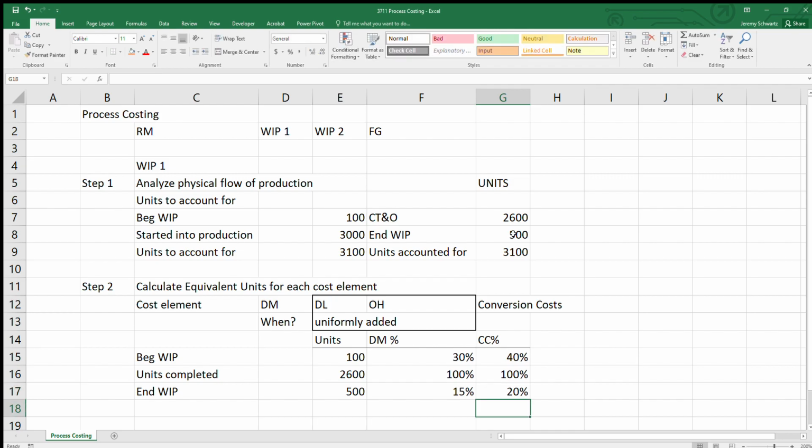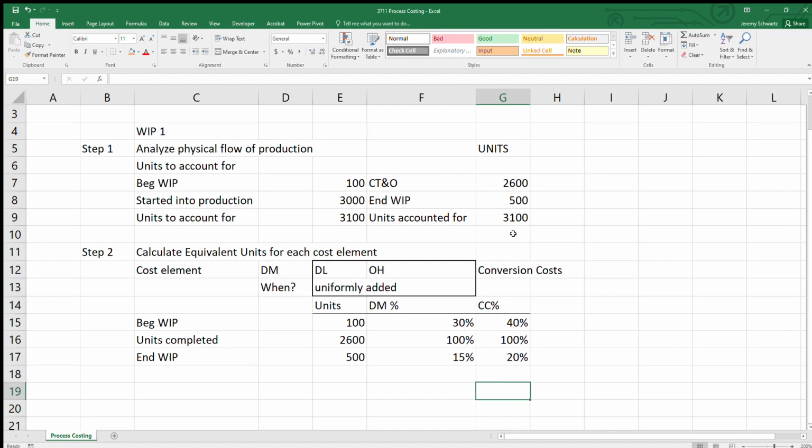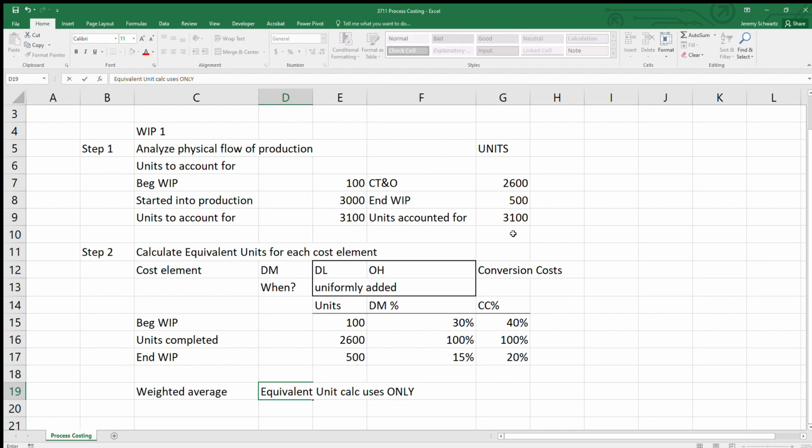So there's a couple different methods in terms of figuring out the equivalent units. The first method is what's known as the weighted average approach. What the weighted average approach does is that it aggregates the costs, so the allocation or equivalent unit calculation uses only units accounted for.